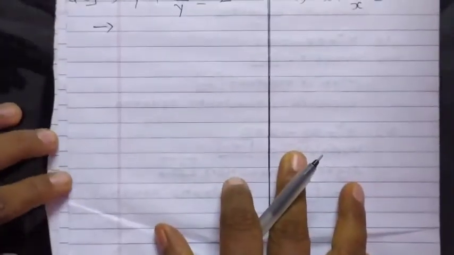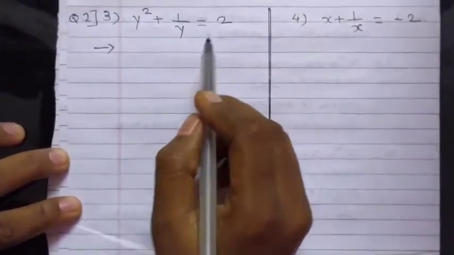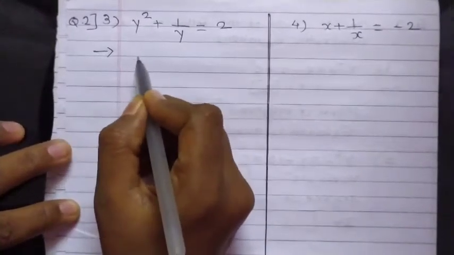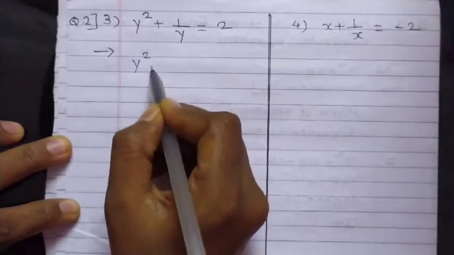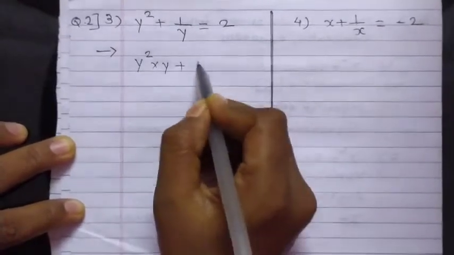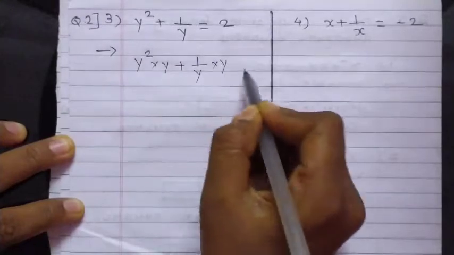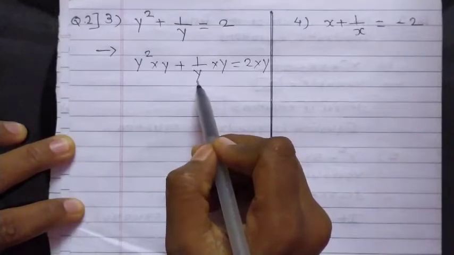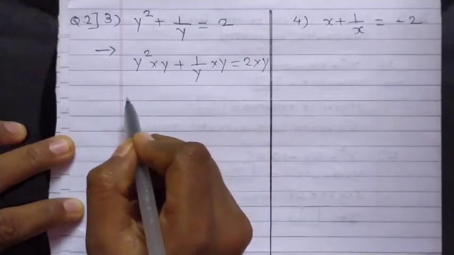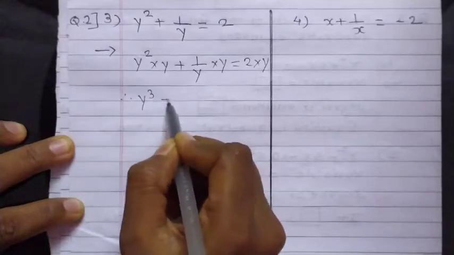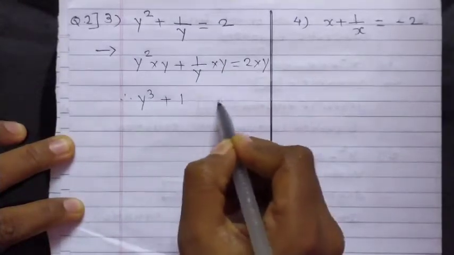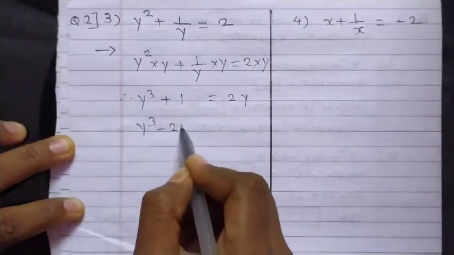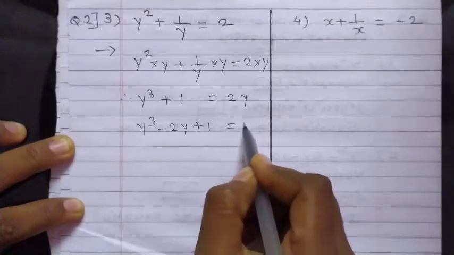Then third one is y square plus 1 upon y equal to 2. This is not in normal form, therefore we multiply y to each term, that is y square into y plus 1 upon y into y equal to 2 into y. Because we cancel y in the denominator of the second term, therefore this is equal to y cube plus 1 equal to 2y, and therefore y cube minus 2y plus 1 equal to 0.